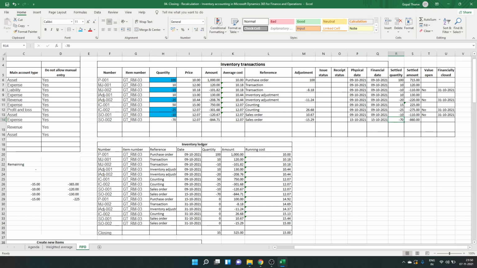Out of this, 385 is settled from this. So here we'll add this particular value. So the entire 1100 for 100 quantity is settled now. So here value open is no now, and financially closed this.